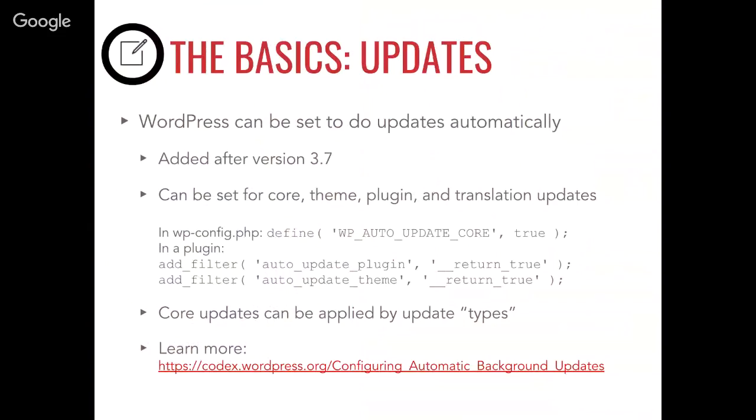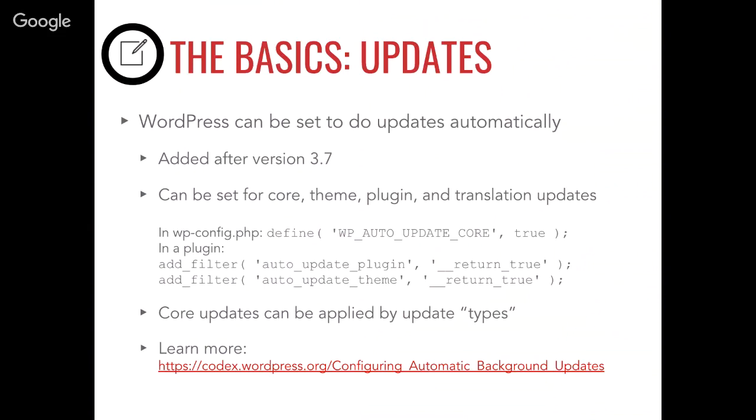So the number one thing that you should be doing, updating your site and your WordPress core and your themes and plugins. Now, WordPress can be set to do this automatically. After WordPress version 3.7, and we're at 4.9 now, there was code added to configure your site to be updated automatically.